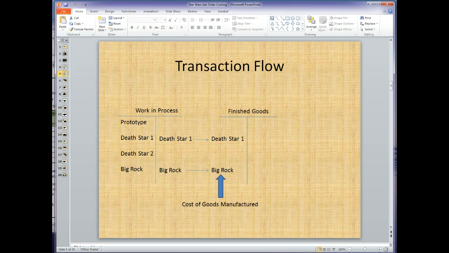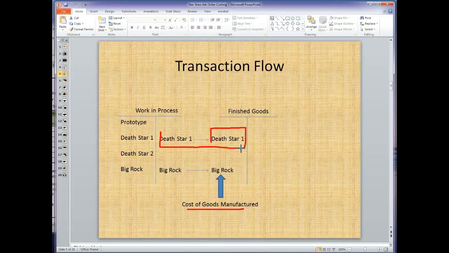As we complete the jobs, they leave work in process, and they accumulate over here in finished goods. And we call that the cost of goods manufactured. Right? So all your costs for this job here, as it's finished, that's your cost of goods manufactured. Very important, right? You're looking at cost control. You care about cost of goods manufactured.